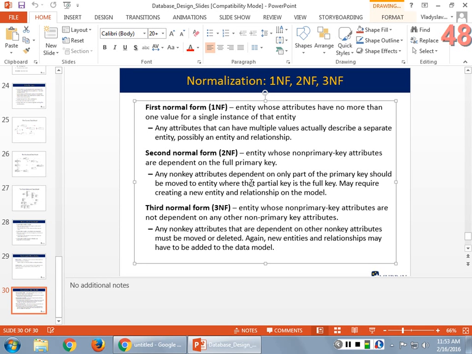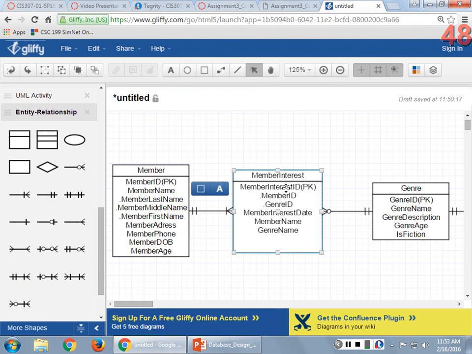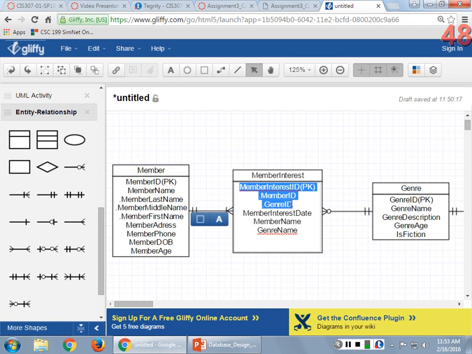I know it sounds a bit dry and theoretical, but this is how it looks in practice. We have one associative entity here. This associative entity has a compound primary key, which means that this key has several parts.